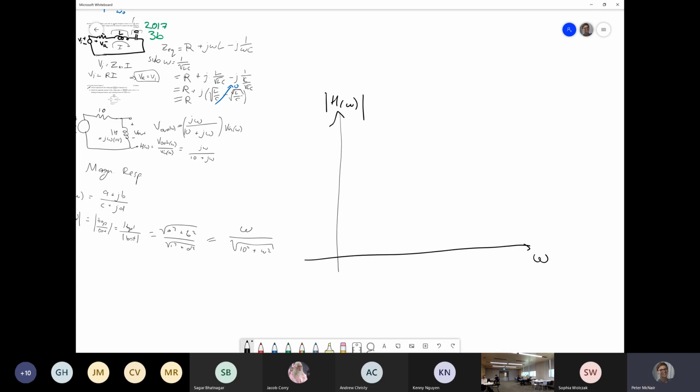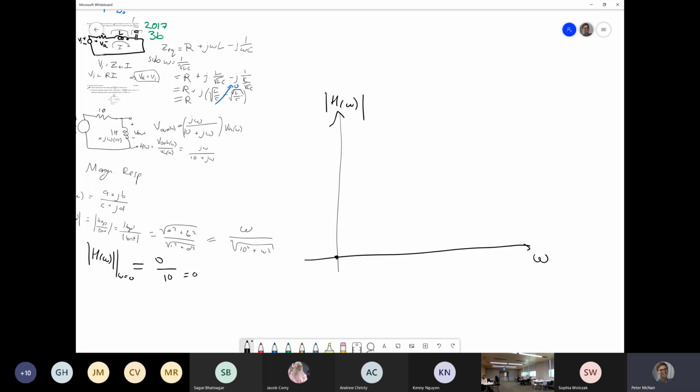What happens at omega equals 0? If you wanted to write this out, you could say the modulus of H of omega evaluated at omega equals 0. That's what this big line means. It's equal to 0 on 10, right? Which is just 0. So we're going to start off down here.